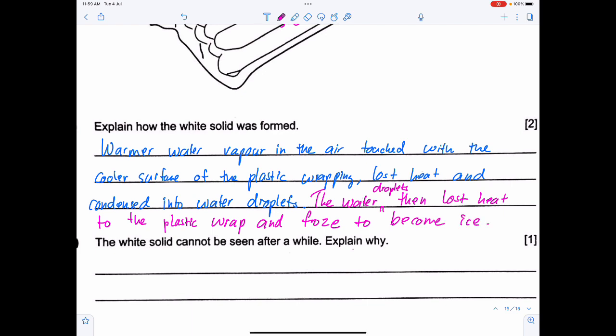Right, so it's a two-step process. From gaseous to liquid, that's process number 1. From liquid to solid, process number 2.